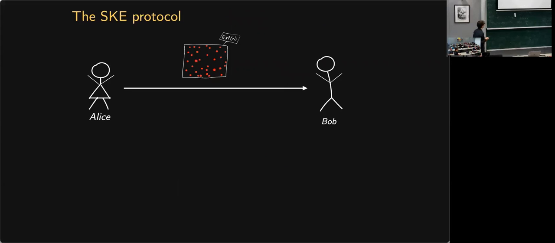So the protocol will be as follows. The player sets some security value here. And then Alice will take a state that is exponentially large in n from our lab.